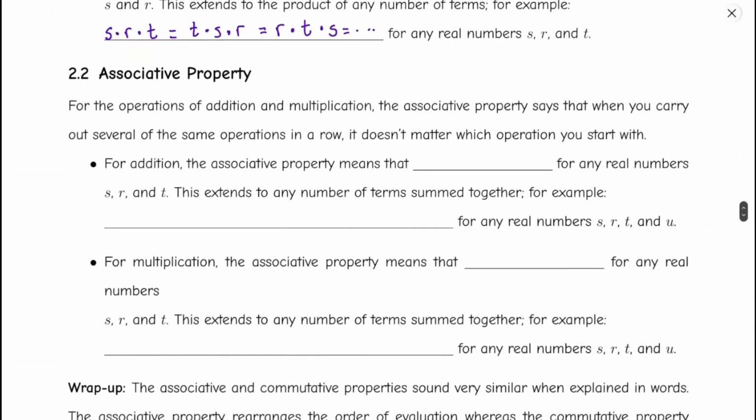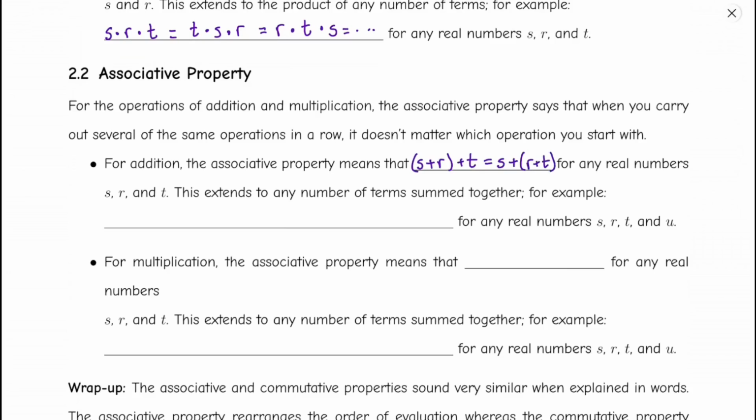The associative property. For the operations of addition and multiplication, the associative property says that when you carry out several of the same operations in a row, it doesn't matter which operation you start with. For addition, the associative property means that for any real numbers S, R, and T, (S plus R) plus T is the same thing as S plus (R plus T).